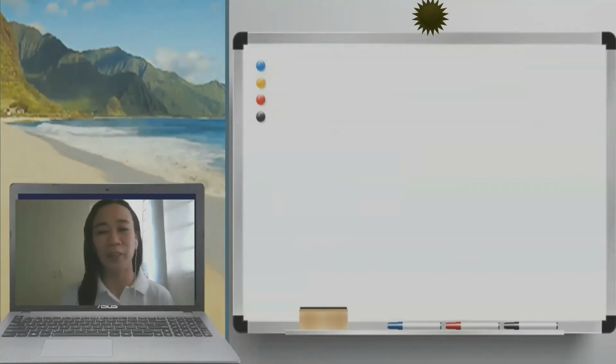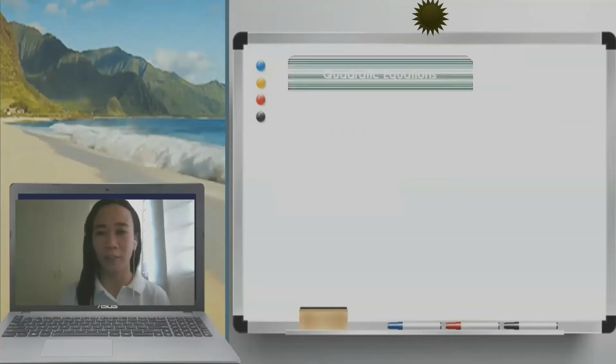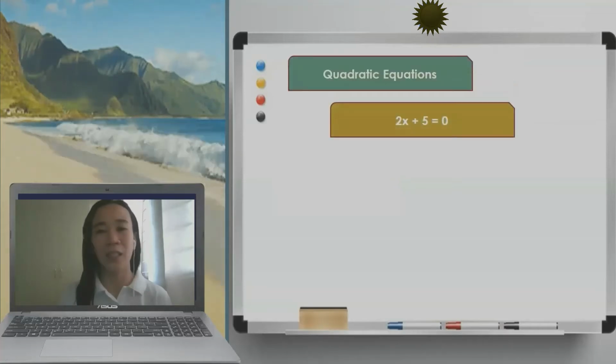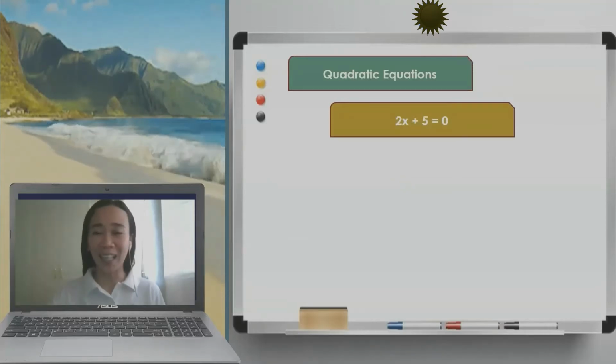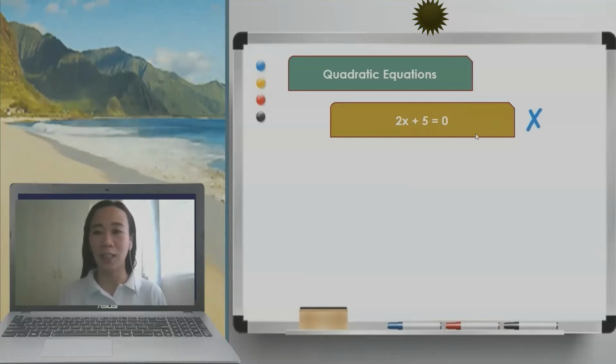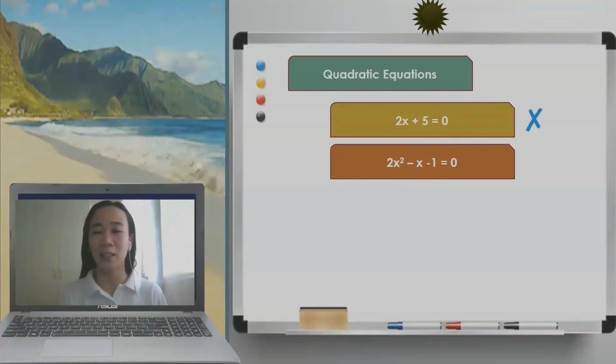Okay, let us check if the following equations are quadratic or not. Is the equation 2x plus 5 equals 0 a quadratic equation? Great job, Guadans! 2x plus 5 equals 0 is not a quadratic equation. Next, 2x squared minus x minus 1 equals 0.